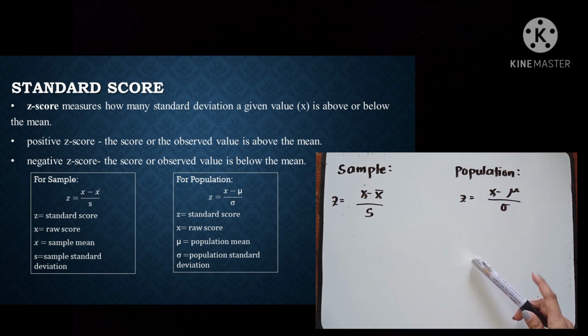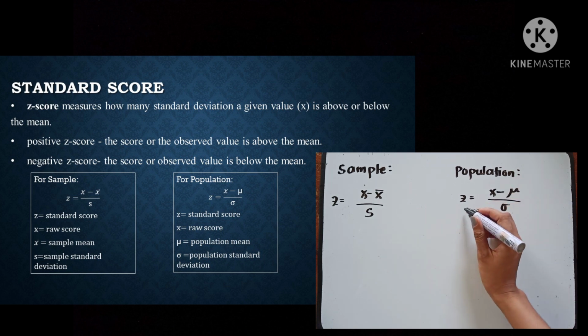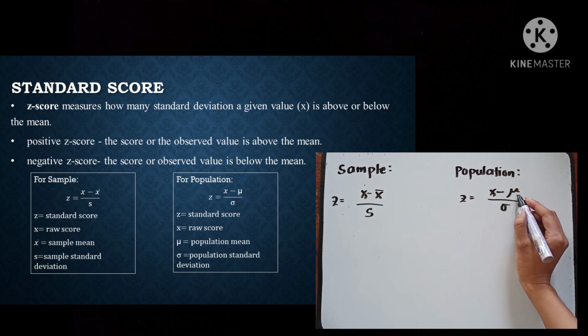For the population, mu is the population mean, and sigma is the population standard deviation.